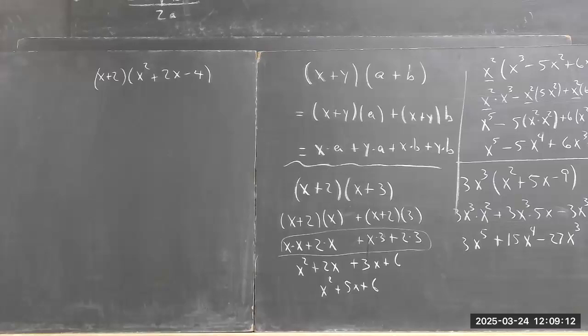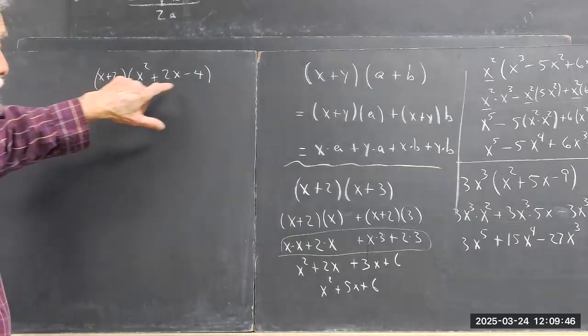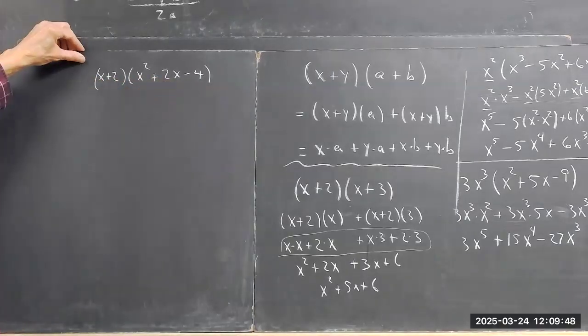Then separately, you multiply the 2 by the x squared. Apparently, I'm still recording. It's okay, nobody said anything. Okay, so what do we have? We have x plus 2 times x squared plus 2x minus 4.